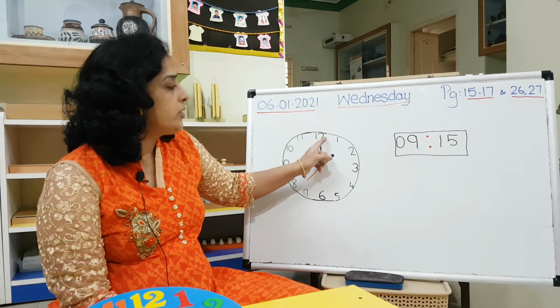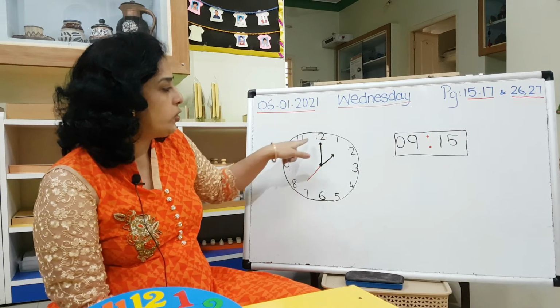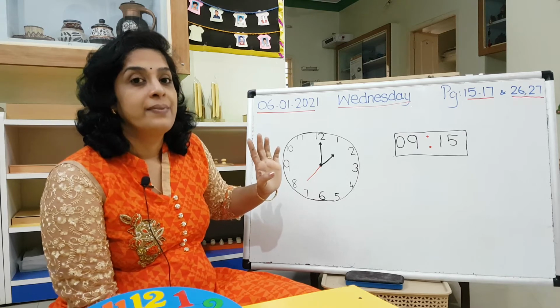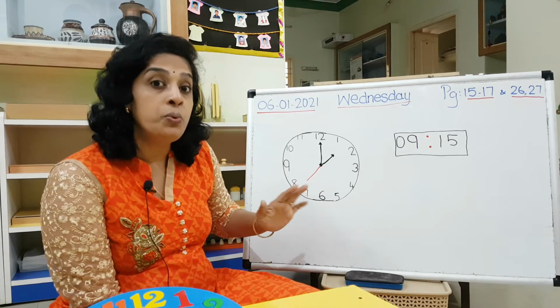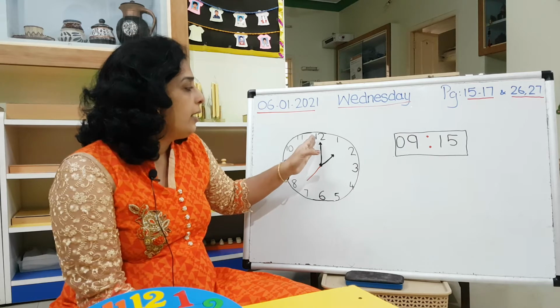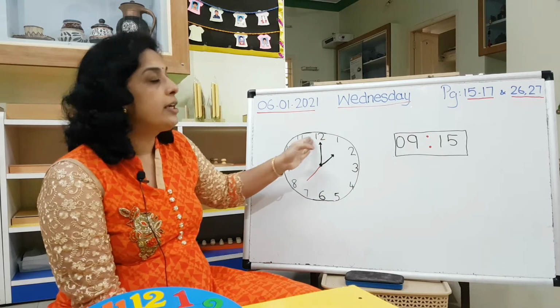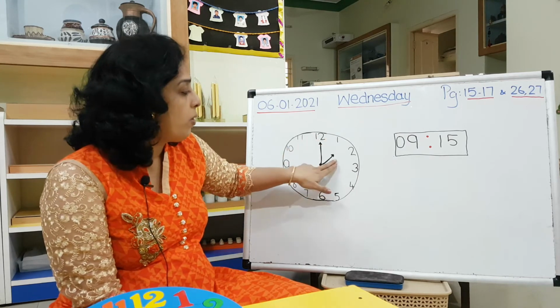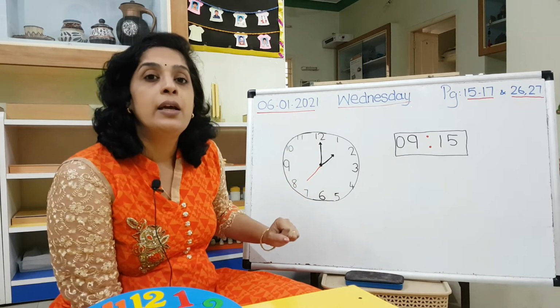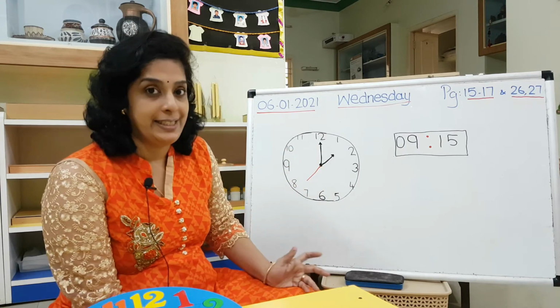So when it starts from 1 and it reaches 12, it is afternoon, the noon. Then one more full circle it does and it comes back to 12.